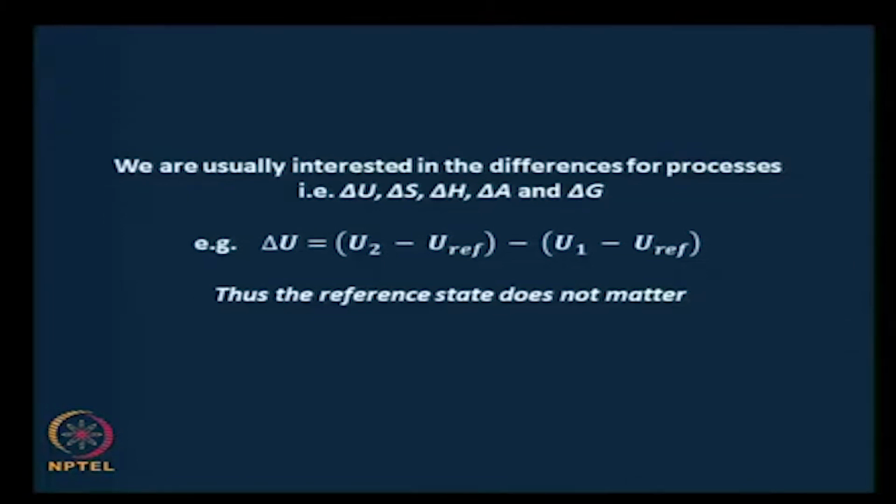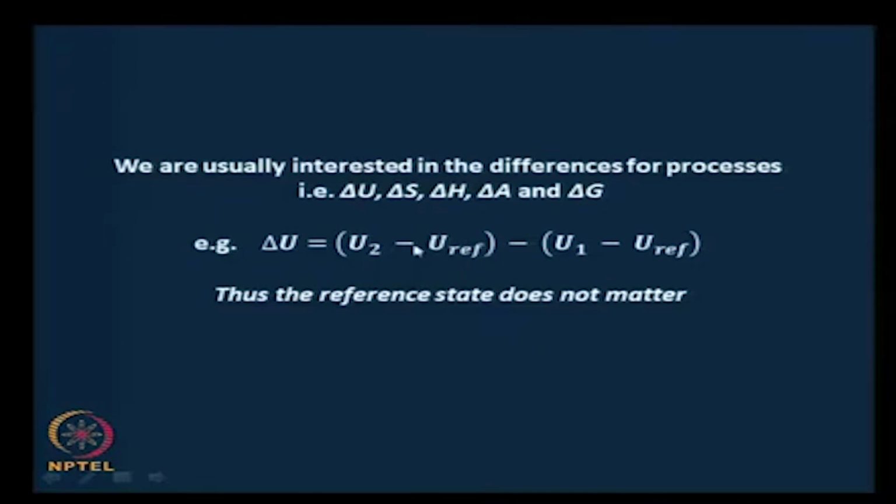For example, delta U would be the value at the final state, U2 minus U reference, taking the reference value along, and the value at the initial state or state 1 is U1 minus U reference. If you take this difference, it becomes U2 minus U1 anyway, the U reference values get cancelled out. Therefore it does not really matter what reference value you choose, but for the values at any point to make sense you need a reference value.